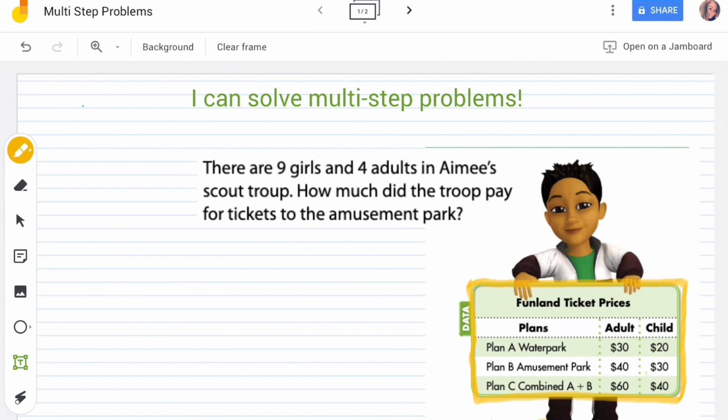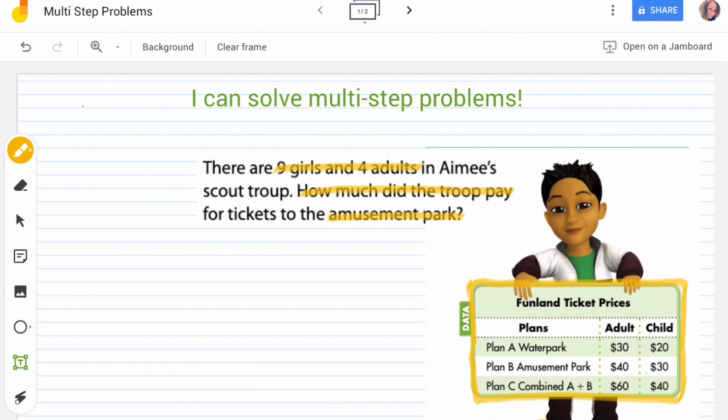Do you see anything that stands out at you? Absolutely. We need to know how many people there are. It says there are 9 girls and 4 adults. Do you see anything else we'll need? That's right. The question is so important. We want to know, how much did the troop pay for tickets to the amusement park?